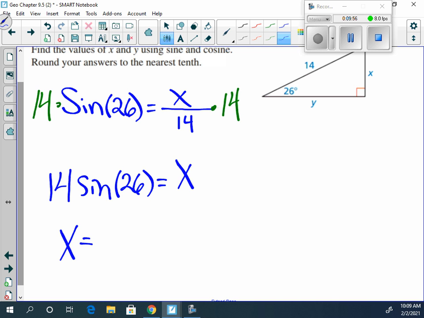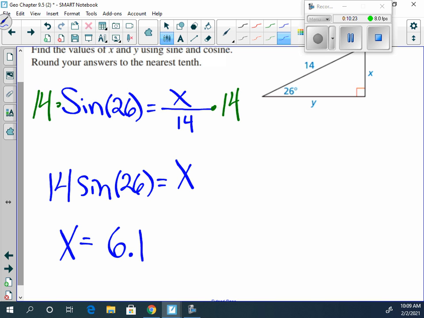We can stick this straight in the calculator. You can do 14 sine of 26, plug it in and hit enter. It would be just 6.1, because the 3 would round down and give us 6.1.